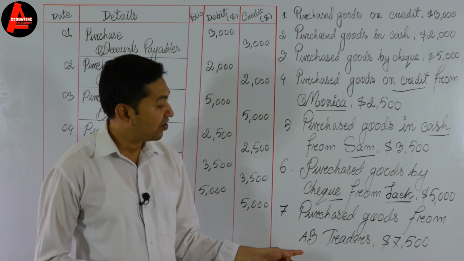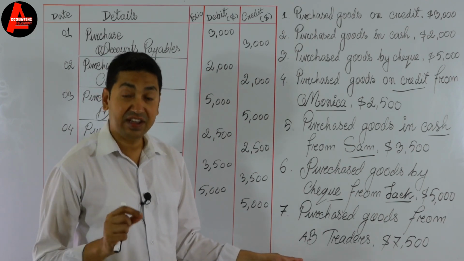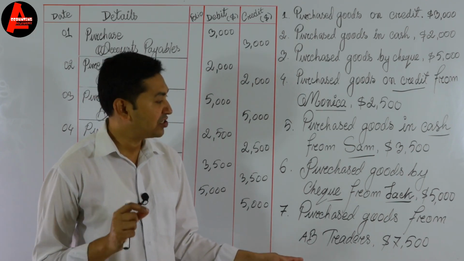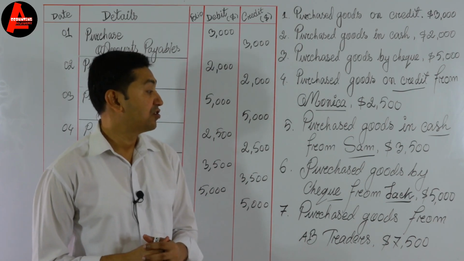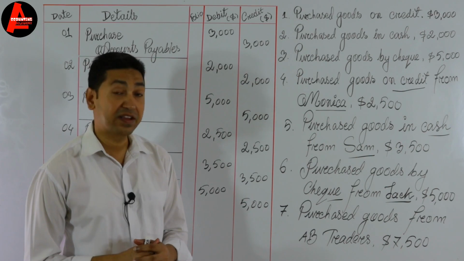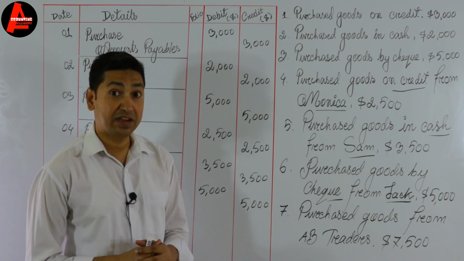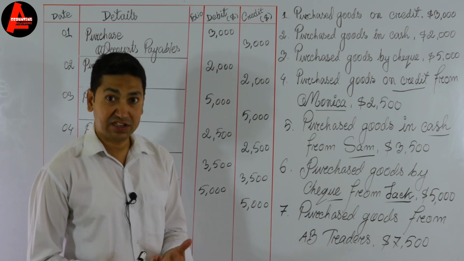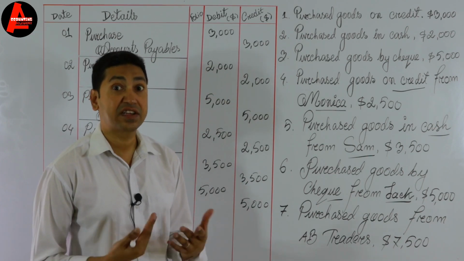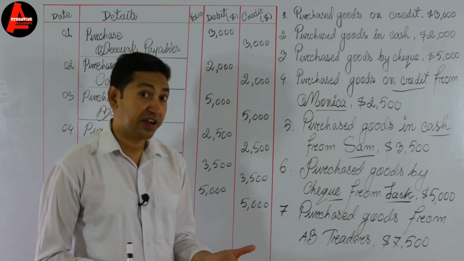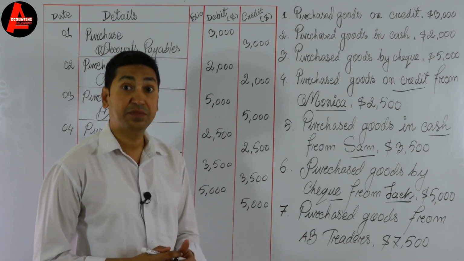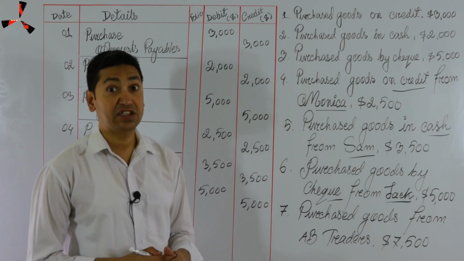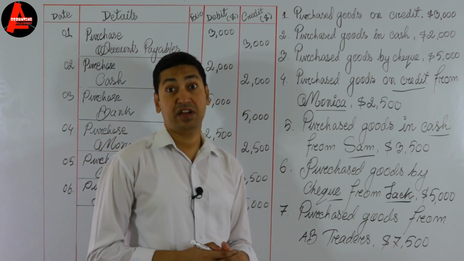Even if this transaction is on credit, it is also not mentioned. Now what to consider? You can think that this transaction is made in cash or by check. Even if you think that this is a credit transaction, it is also correct, that means purchase goods on credit from AB Traders. But in this case, you need to write a short narrative to clarify.